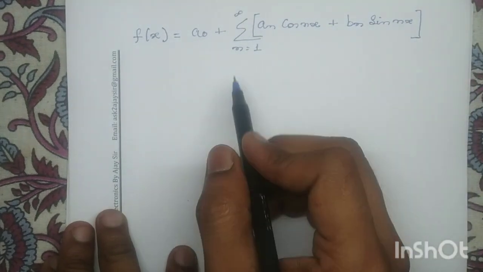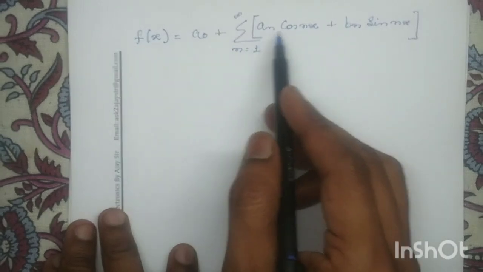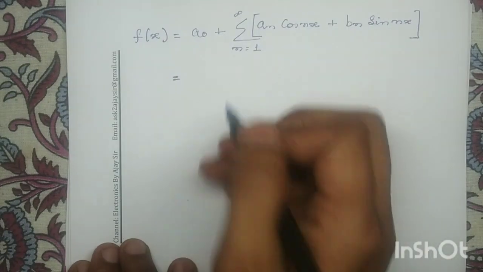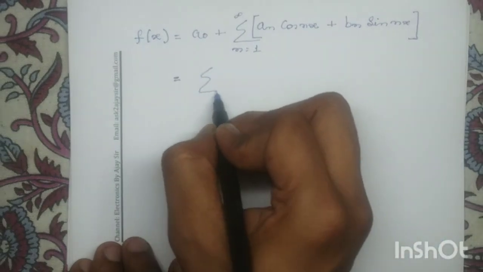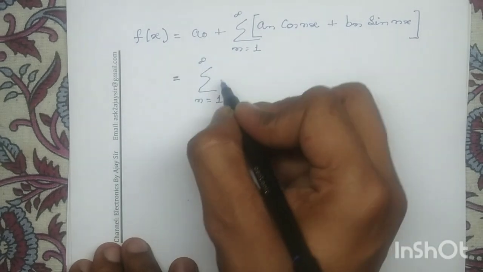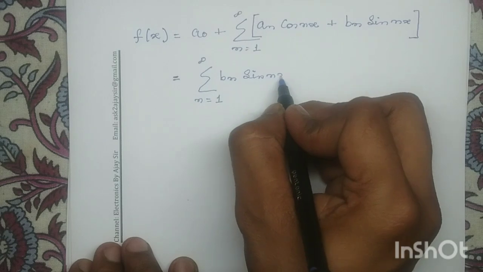Now we will substitute the values of a0, an and bn. So we have obtained a0 is equal to 0 and an is also equal to 0. So only one expression we will have, that is summation n is equal to 1 to infinity b of n sine nx.